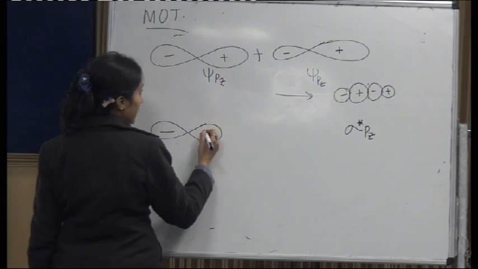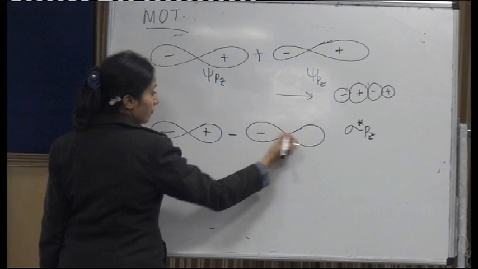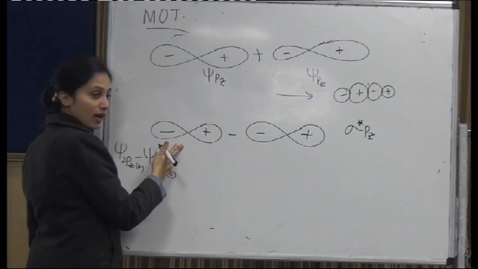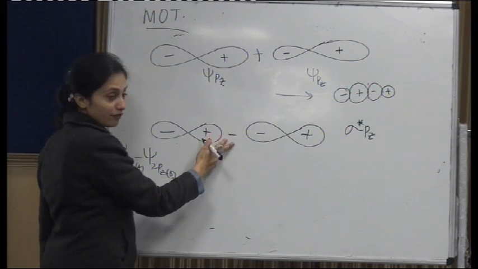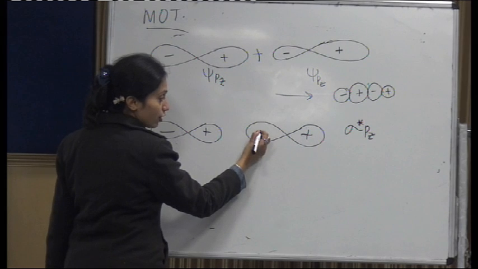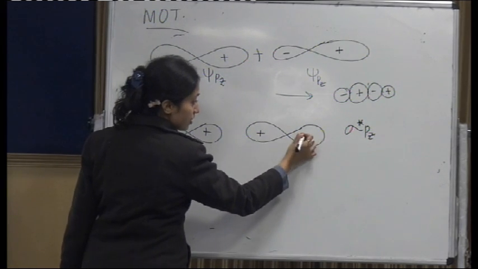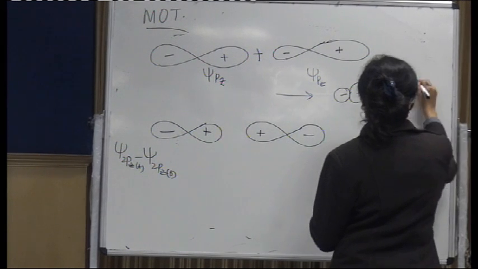So this will be negative positive, and now minus of negative positive, this is your one PZ, this is your another PZ. One was a positive linear combination, now you have a negative linear combination. So because of this minus, what will this sign become? Plus, and this sign will become minus. So now in this case what do you have? This is your sigma star PZ.